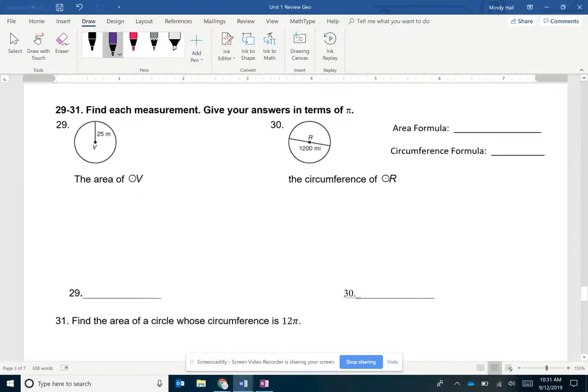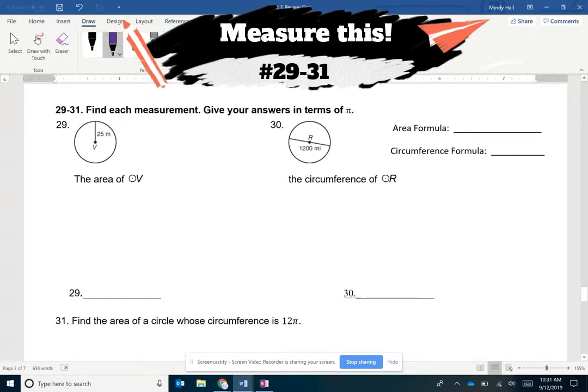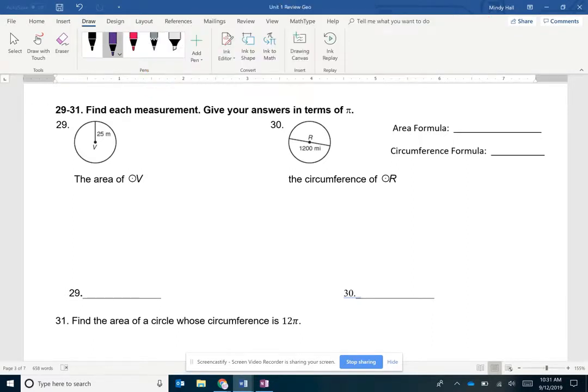So now with 29 and 30. For 29, we want to find the area of circle V. So area for a circle is pi r squared, and circumference is 2 pi r, or pi d, depending on which one you're thinking of.